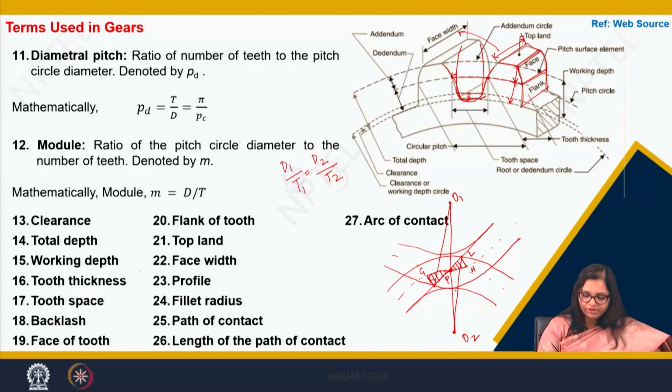The point of engagement, that is here KP, is called the path of approach where the engaging starts, and from P to L it is called the path of recess where the disengaging of the gear starts. So KP is called the path of approach and PL is called the path of recess, and GP is called the arc of path of approach and PH is called the arc of path of recess.